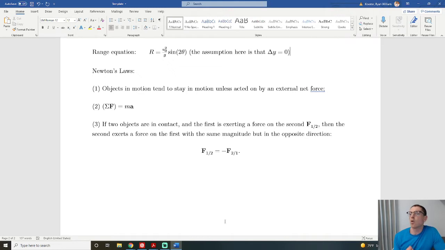But there's no equation for the tension force or the normal force. The one that there is an equation for is the weight of an object, or the gravitational force on it, and that's mg. So I think that is probably all you need.